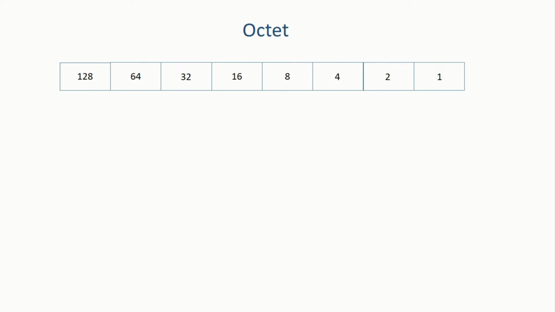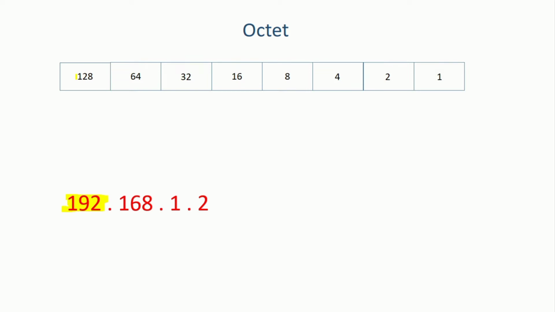Okay, so these are the 8 numbers which are known as an octet. So this is your IP address, and you need to convert it into a binary number. Okay, so first let us convert 192 into binary. With the help of these octets we will convert decimal into binary. So which numbers from this octet will add up to give us 192?